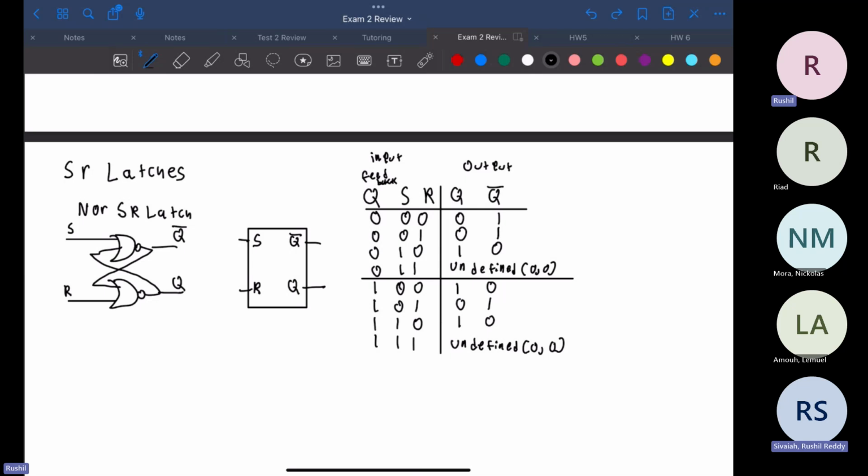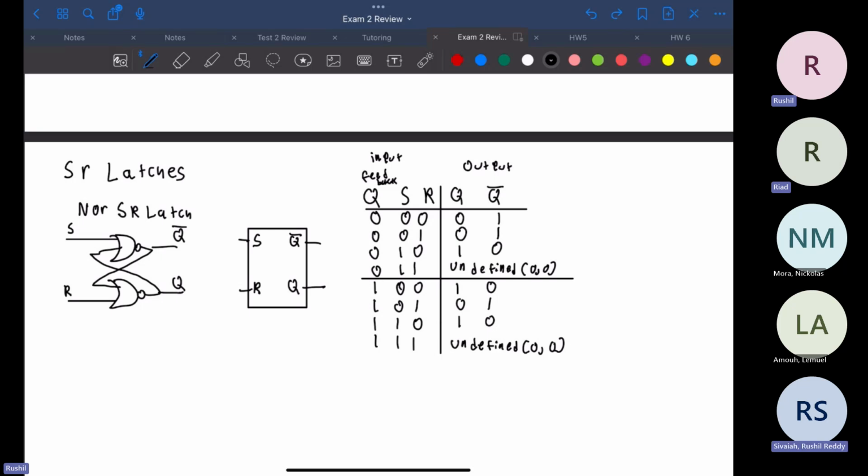I guess we'll do the NAND SR latch. No, the Q is still at the top for the NAND SR latch. In some examples I was looking at, like in the slides, they were interchanged sometimes. Was the set on top for that too? Set was on top, yeah, and Q was on top.